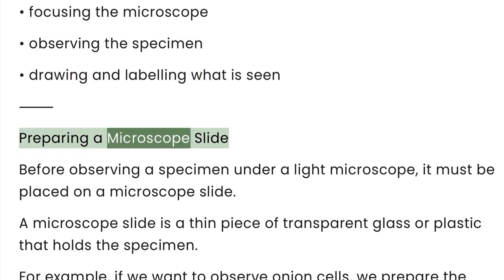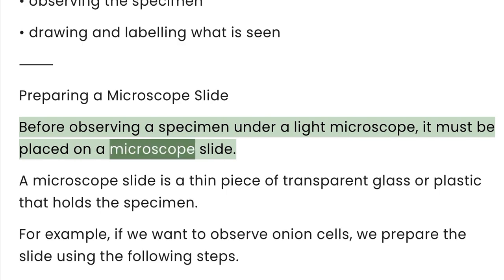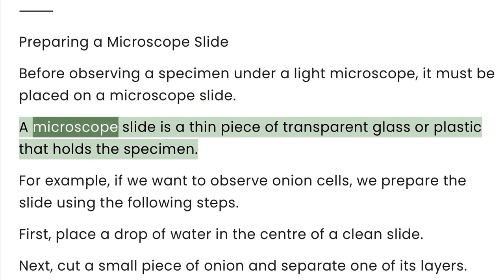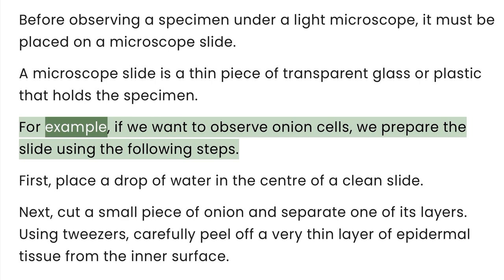Preparing a microscope slide. Before observing a specimen under a light microscope, it must be placed on a microscope slide. A microscope slide is a thin piece of transparent glass or plastic that holds the specimen. For example, if we want to observe onion cells, we prepare the slide using the following steps.